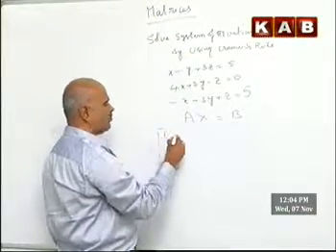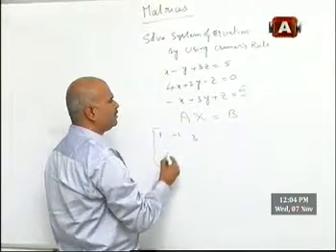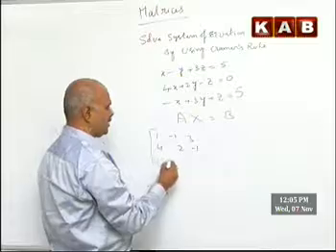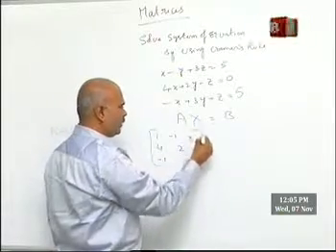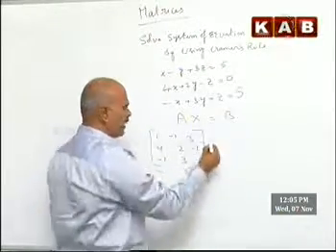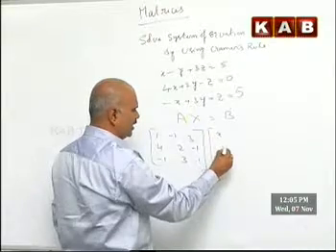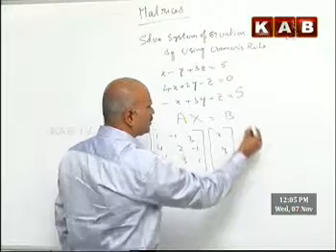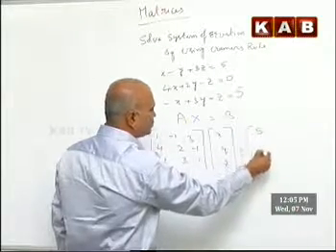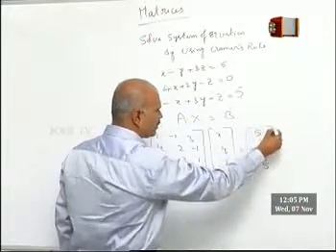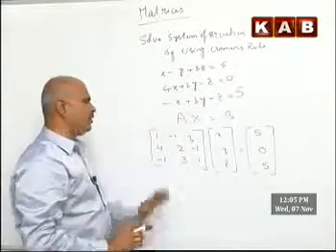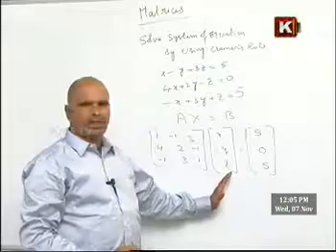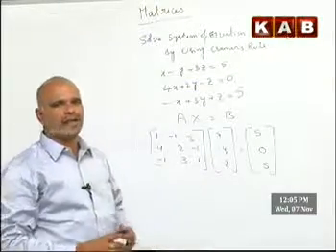Coefficients are 1, minus 1, 3, 4, 2, minus 1, minus 1, 3, 1. It is the matrix. And again we may write X as x, y, z. Again B is there. That B is 5, 0, 5. This is the part. So this will be AX is equal to B. It is known as the AX is equal to B matrix form.